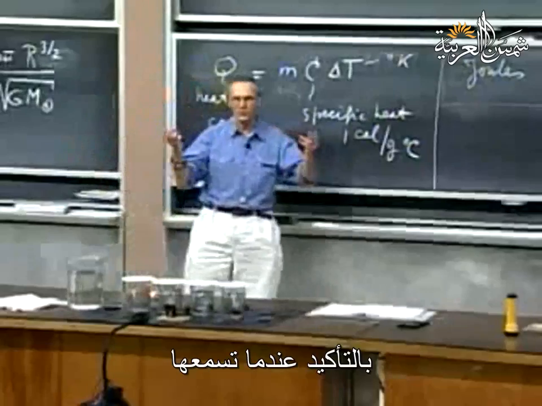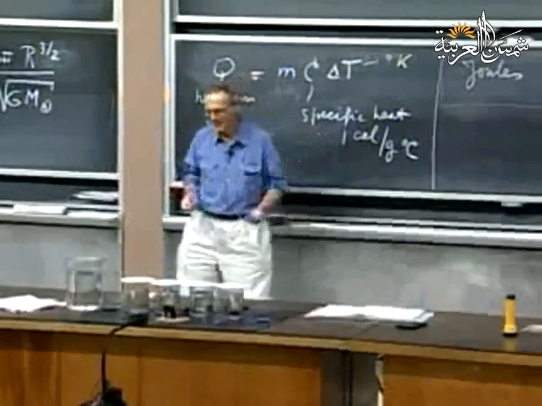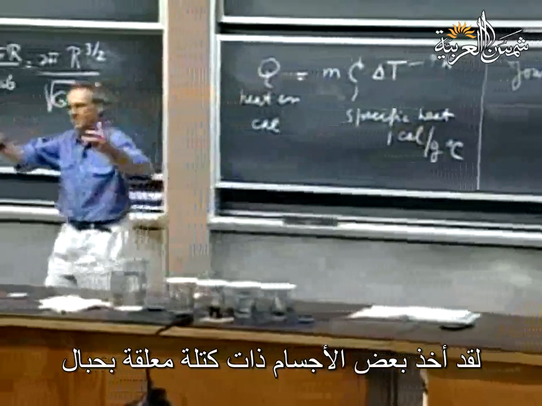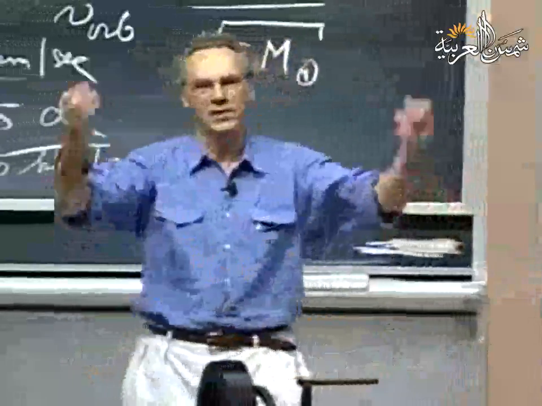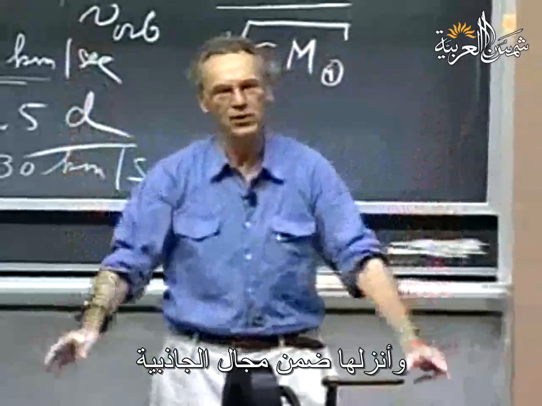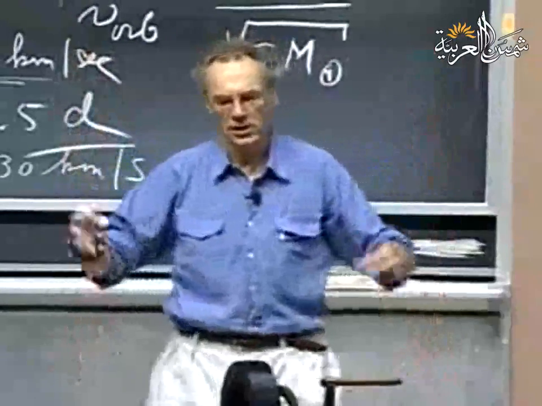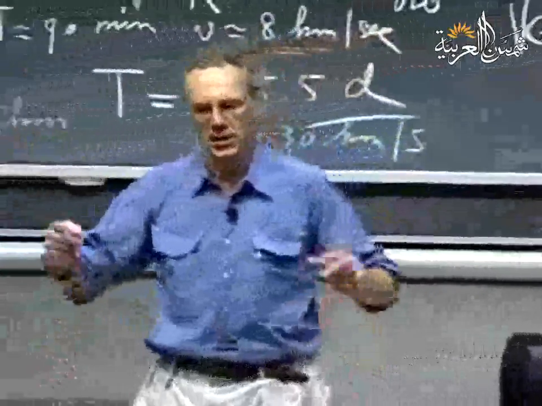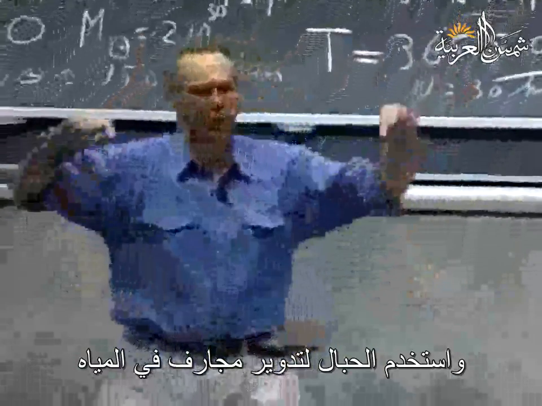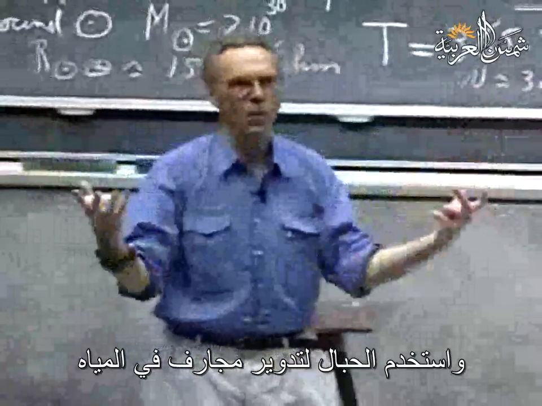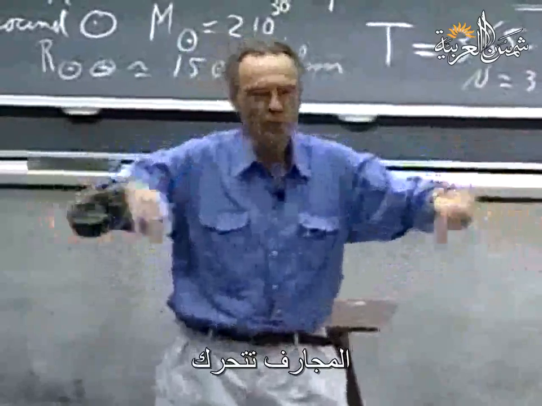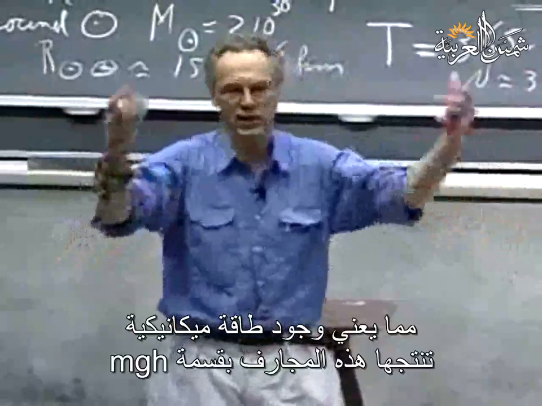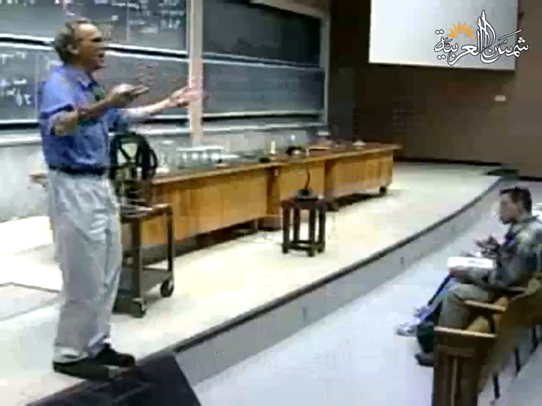Of course, once you hear it, you say, well, I could have thought of it myself. He takes objects with masses which hang from strings, and he lowers them in a gravitational field over a certain distance. So he knows what mgh is. And he uses these ropes to rotate scoops which are in water. These scoops are driven, that is mechanical energy, mgh comes out in the scoops, and what does he notice?